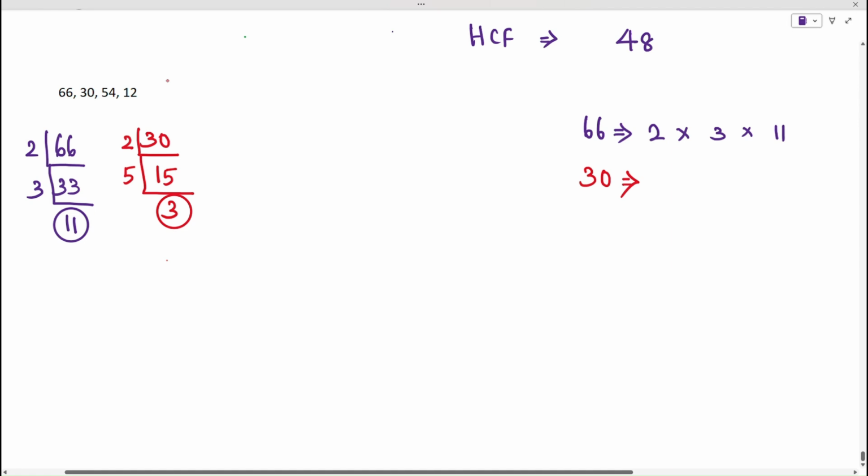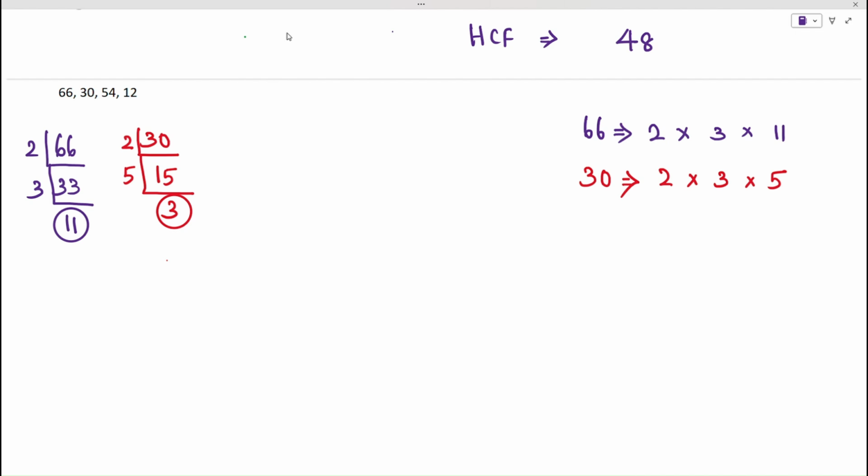However, what we're going to do here is write it out in the order of increasing size. So we're going to do 2 times 3 times 5. Even though in our calculation we got 2, 5 and 3 in that order, we're going to write it out like this so it's easier to see the numbers that are shared.